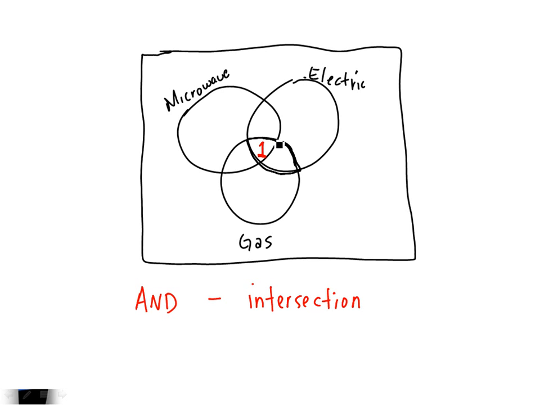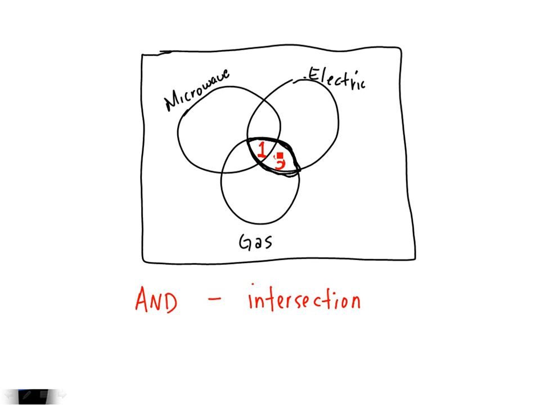This together should total 4. We have already 1 accounted for, so what goes in this region? It must be 3. 3 plus 1 is 4. Alright, we're going to keep on going up.